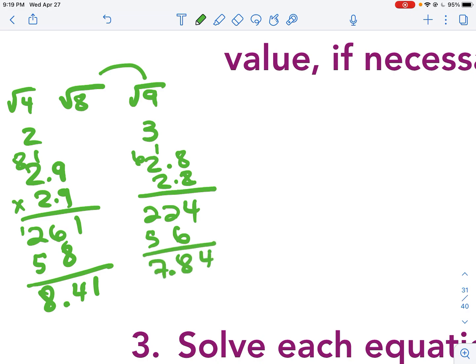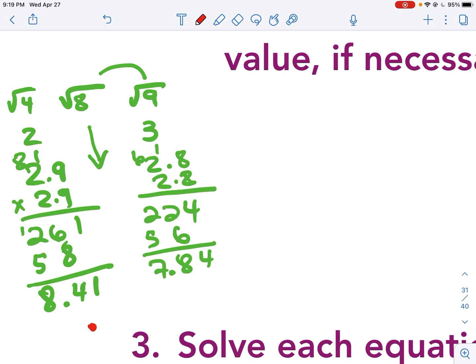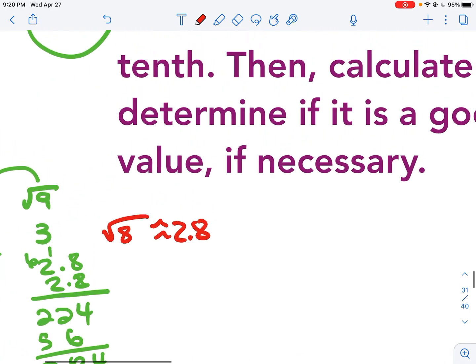That's an 8. That's a 7. So 7.84. So 8 is in between these two numbers. Which one is it closer to? It's 0.41 away over here. It's 0.16 away here. So it's closer to this one. So the square root of 8 is approximately 2.8. See how the 8 is in between these two numbers?